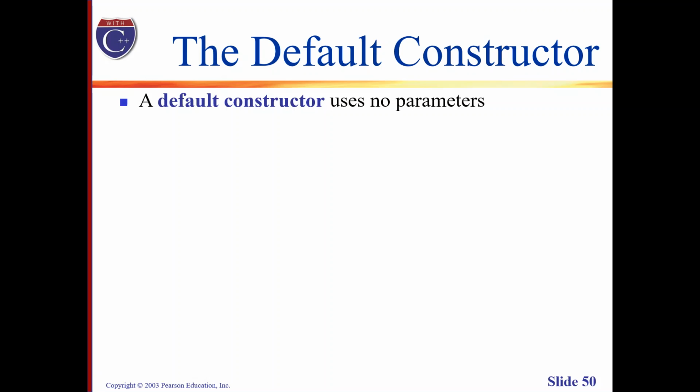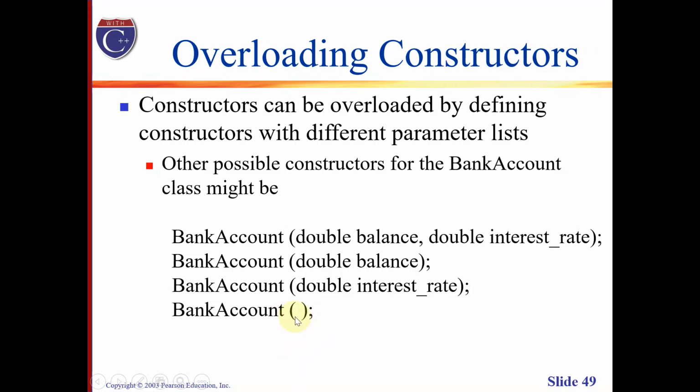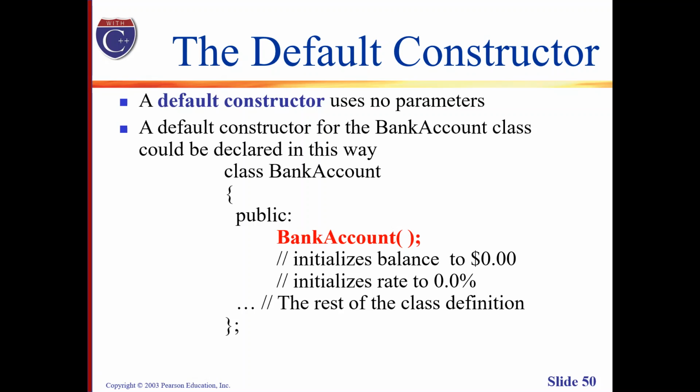A default constructor uses no parameters. That's what we saw in this example. A constructor which has no parameter is called the default constructor. For example, the default constructor for the class that we made could be declared in this way.